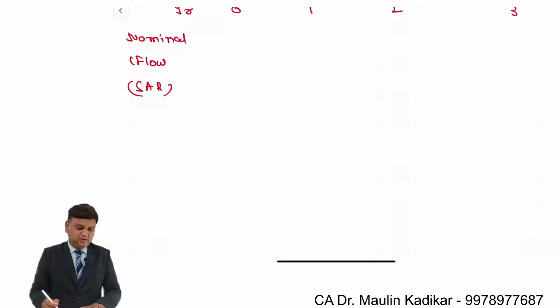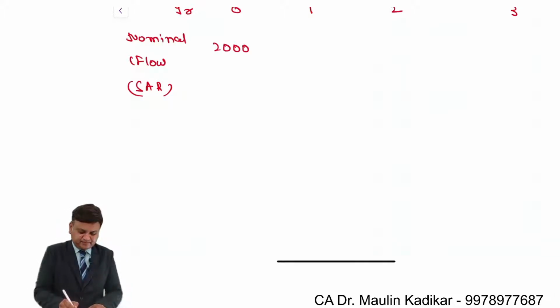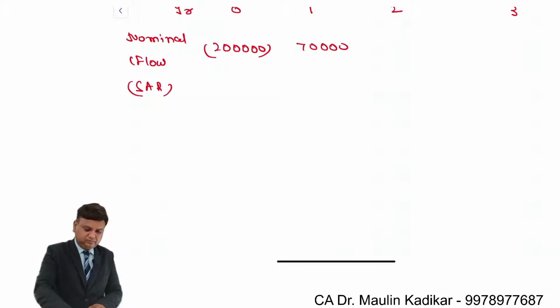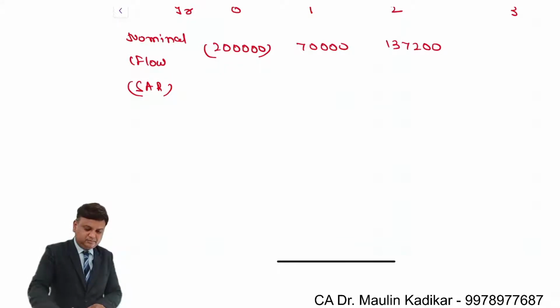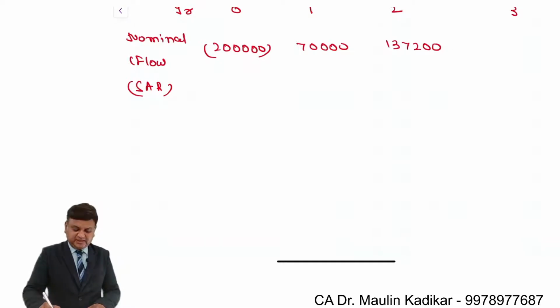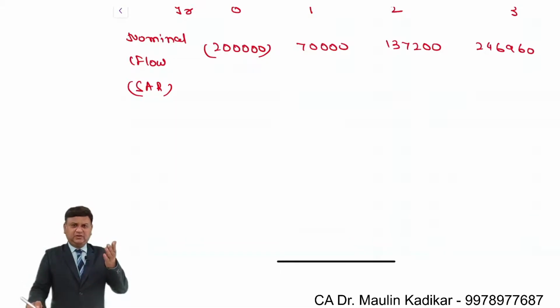Year 0 cash flow is going to remain the same, friends, 2 lakhs. First year end cash flow is 70,000 in nominal term. Second year it is 137,200, again in nominal term. And third year it is 246,916 in nominal term, which we have already calculated above.